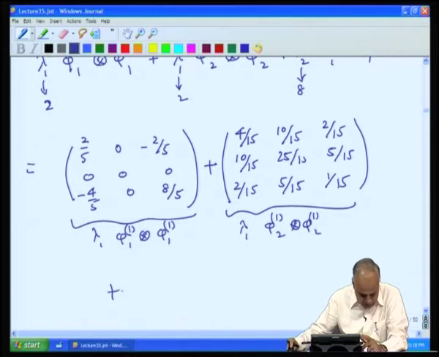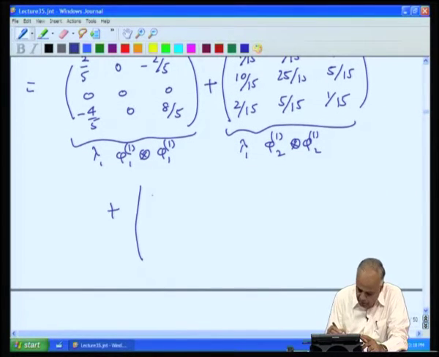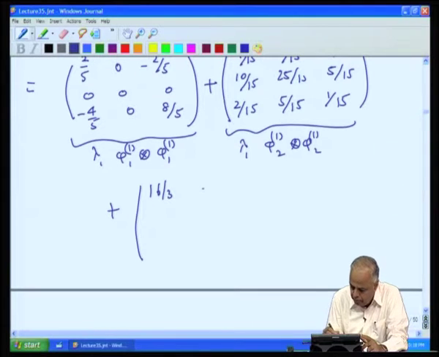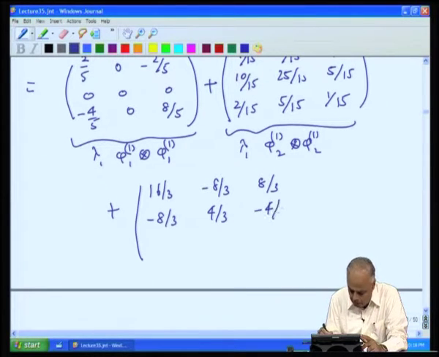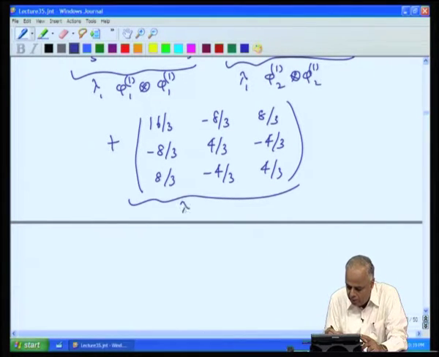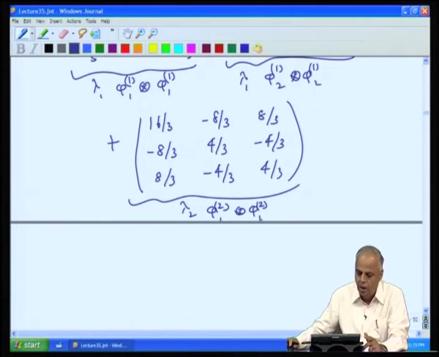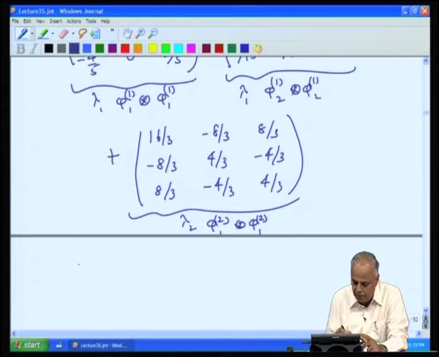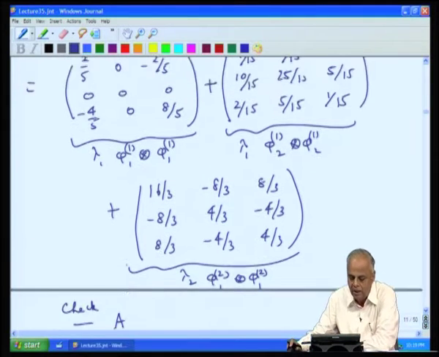Plus the next one is the other eigenvalue, which is 16 by 3, minus 8 by 3, 8 by 3, minus 8 by 3, 4 by 3, minus 4 by 3, 8 by 3, minus 4 by 3, 4 by 3. Now, this is the term which is lambda 2 phi 2 1 tensor phi 2 1. And when we add all this, we get, check, this exactly adds up to the given matrix A.